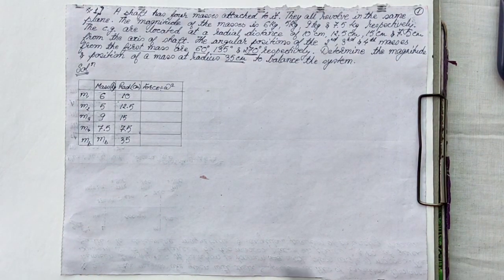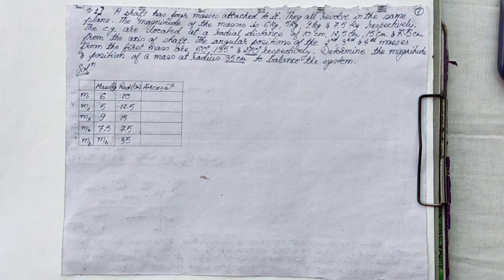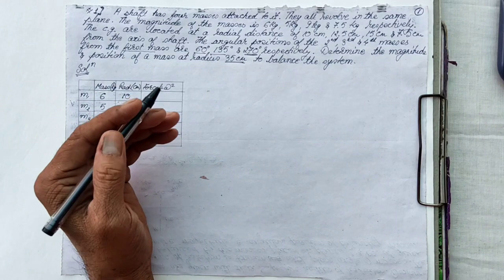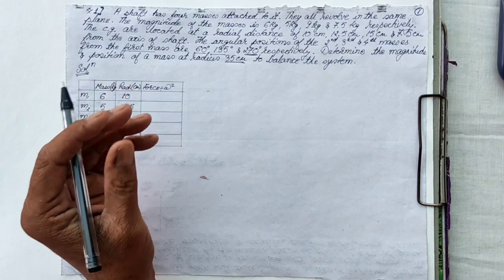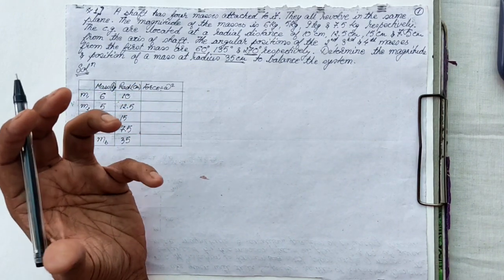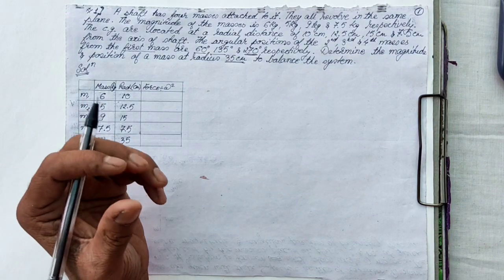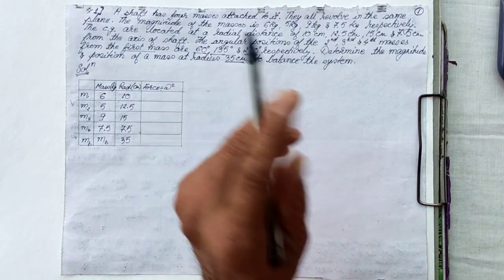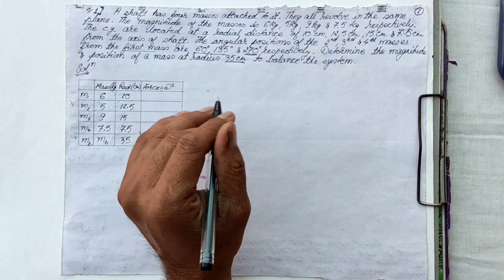And we know that when this system is rotating at some angular speed, the centrifugal force will be acting on all these masses as they are eccentric, and they will be in different directions. Why? Because their angular phases are given to me. So they are at different directions.